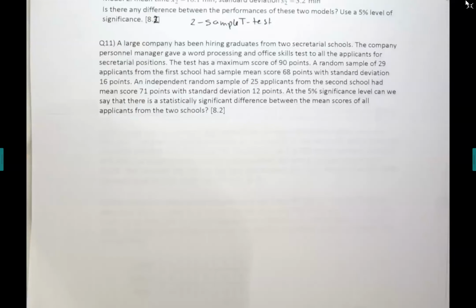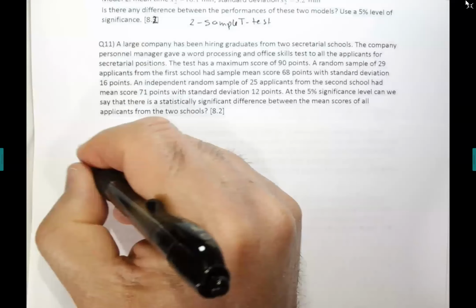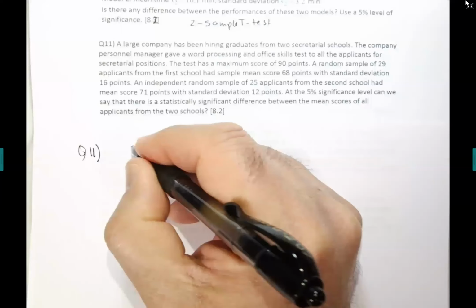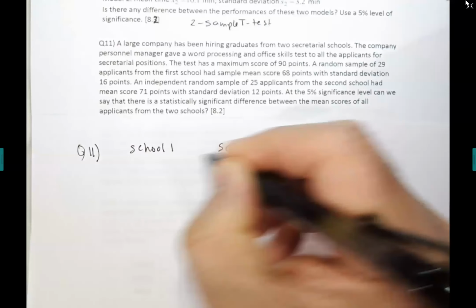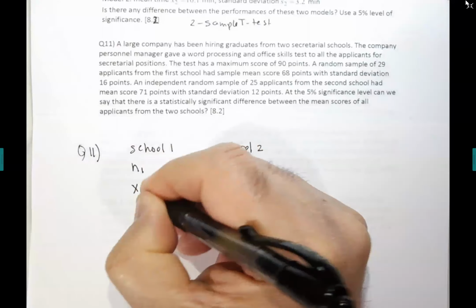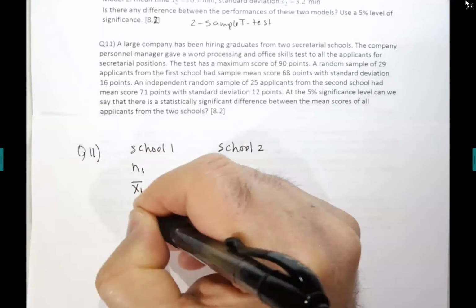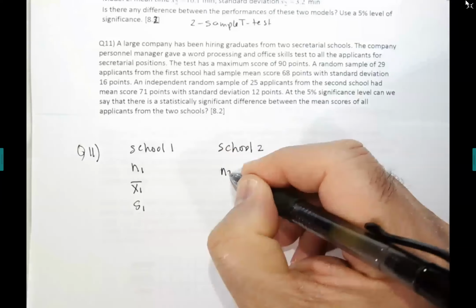So let's do this. 11, school 1, school 2, and let me record some information here. N1, X1 bar, S1, N2, X2 bar, S2.